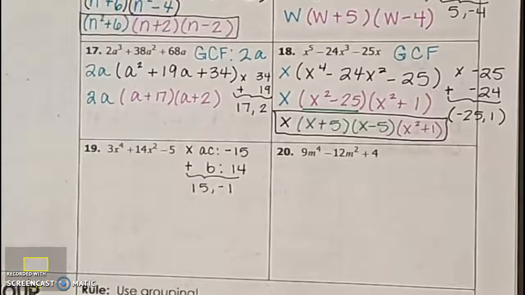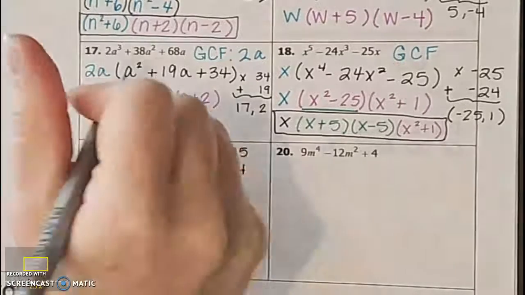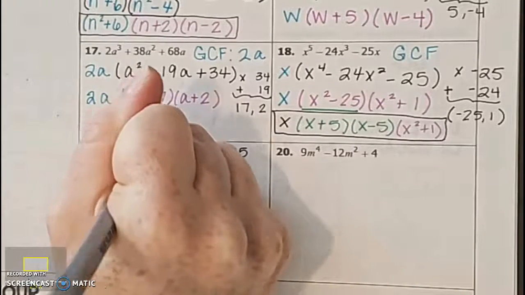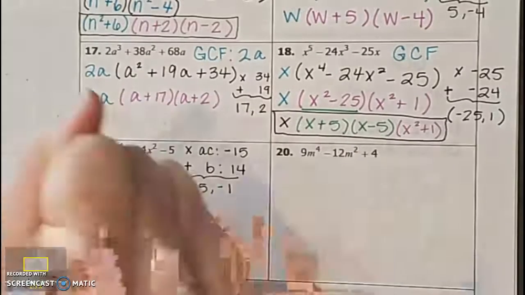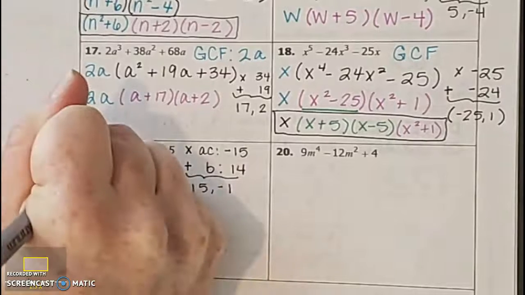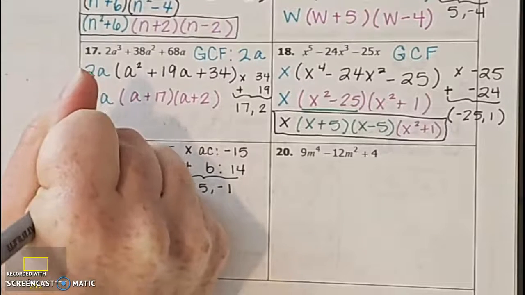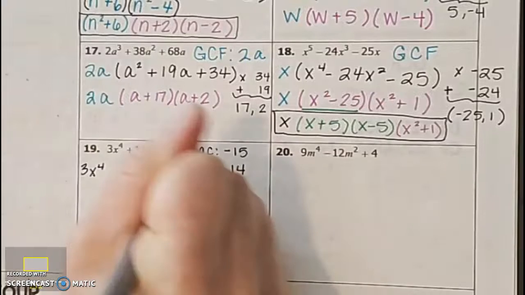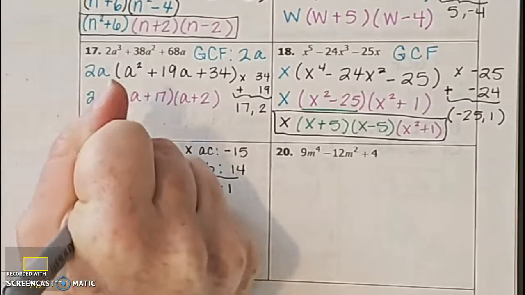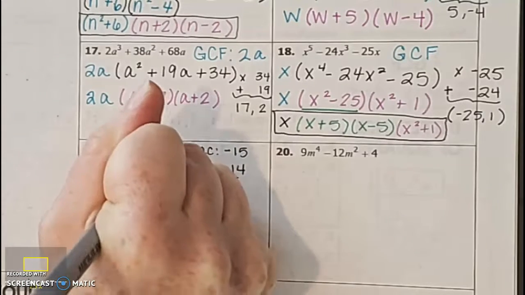So when a is not 1, this is where we have to split up our middle term. Now you have to be careful here because it's going to be x squared instead of x's. Okay, so we're going to take this middle term and break this up into, we're going to carry down our 3x to the 4th, and then we're splitting our middle term up into 15x squared minus 1x squared, and then bring down your minus 5.